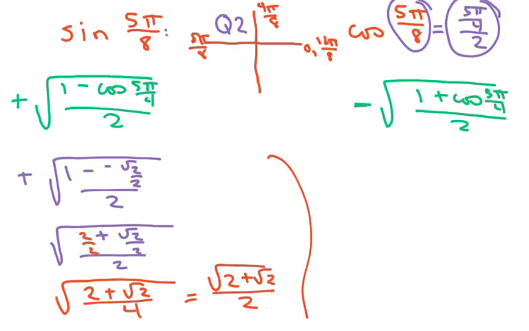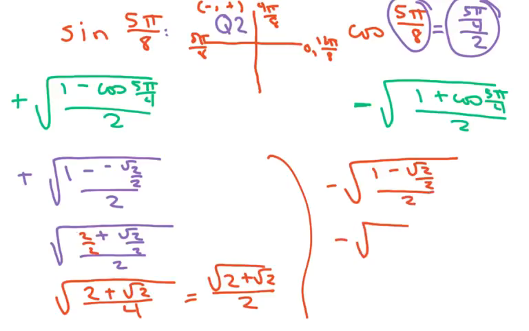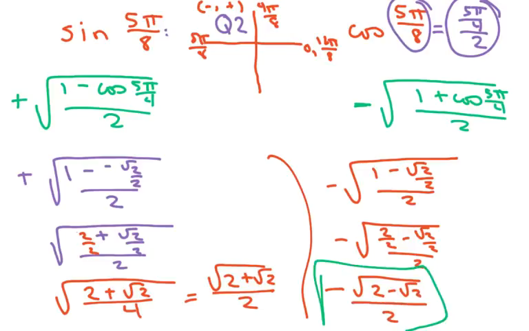Now for cosine, our answer is going to be negative. Remember, cosine is negative in quadrant 2, and sine is positive. So we have the negative square root of 1 minus square root of 2 over 2, divided by 2, which is 2 over 2 minus square root of 2 over 2, divided by 2. It's the same as the other one, but it's going to be negative square root of 2 minus square root of 2, all over 2. And that's your two answers here.